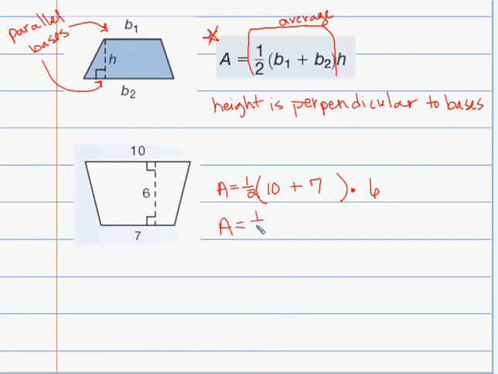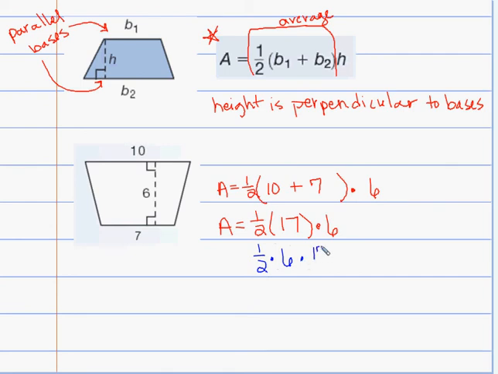Area equals 1/2 of 17 times 6. Now, notice that this is multiplication, right? We have 3 factors here, so we can rearrange. We can do 1/2 times 6.